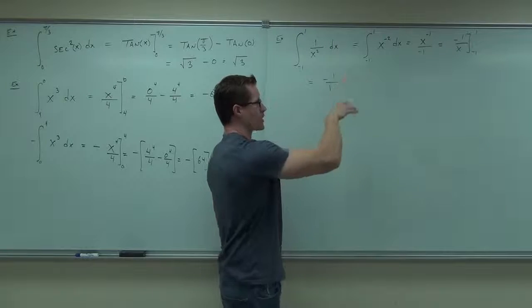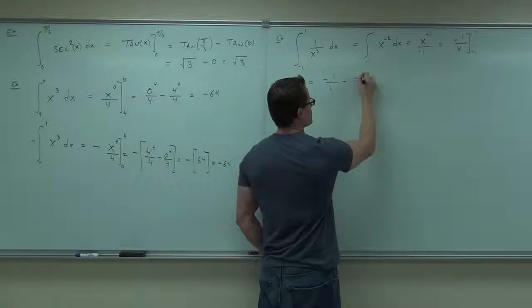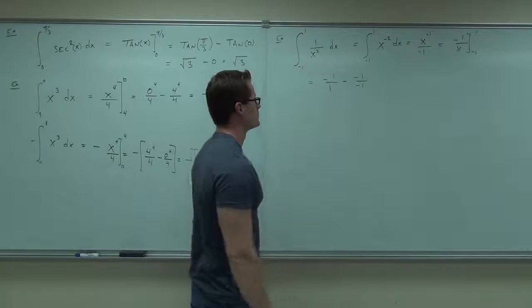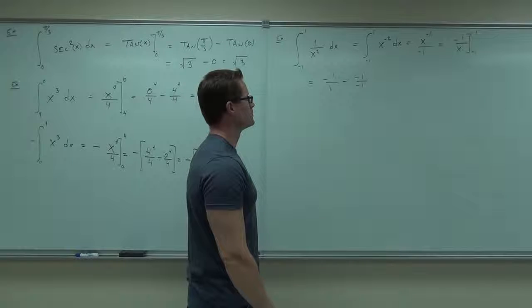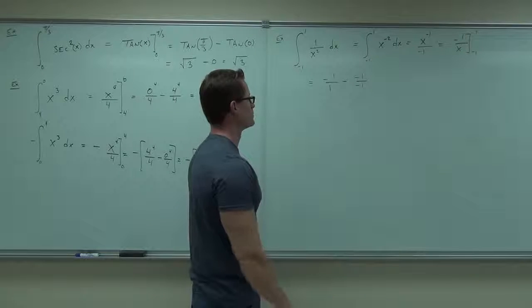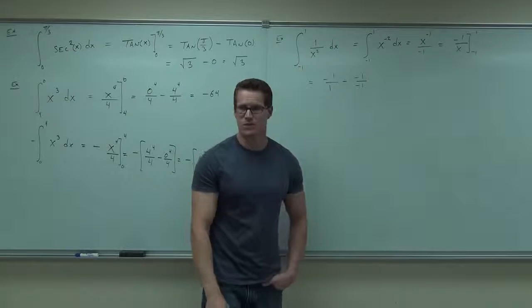You'd have negative 1 over 1 minus negative 1 over negative 1. Hopefully, if I did that right, make sure my signs are correct.